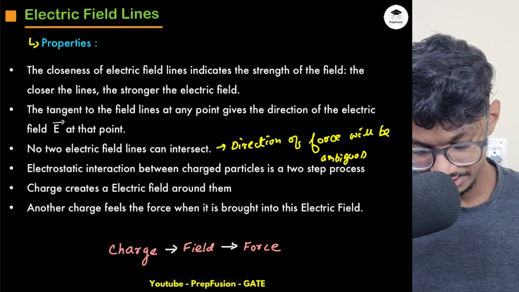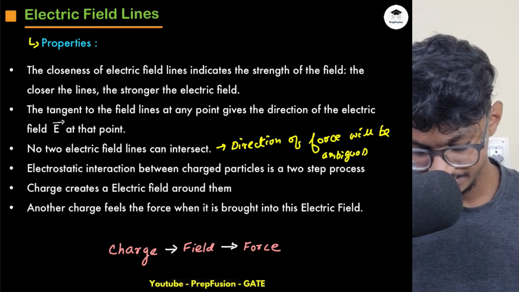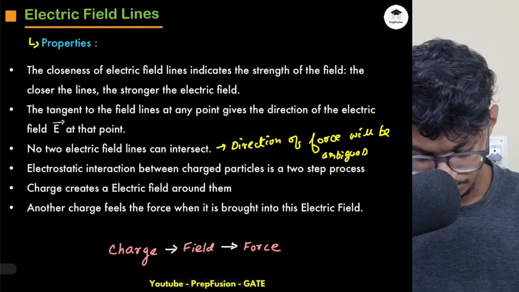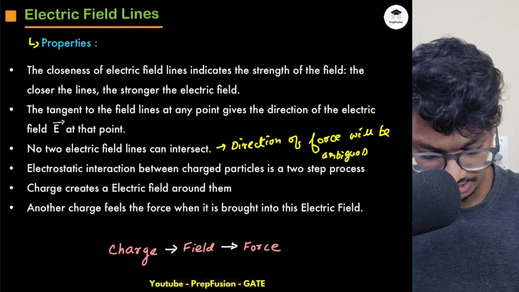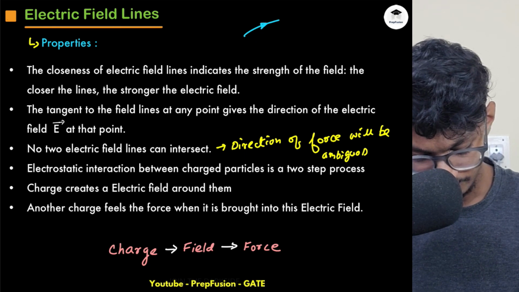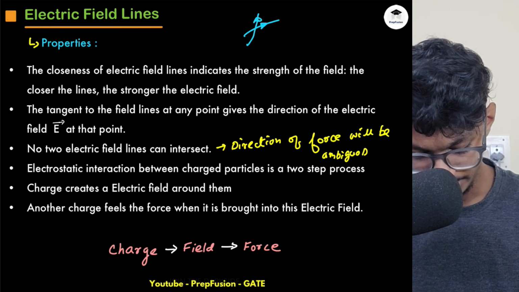So if it is ambiguous, what does it mean basically? Let's take an example. Let's say my electric field lines are coming like this and coming like this. I have two electric field lines, and these two are intersecting.